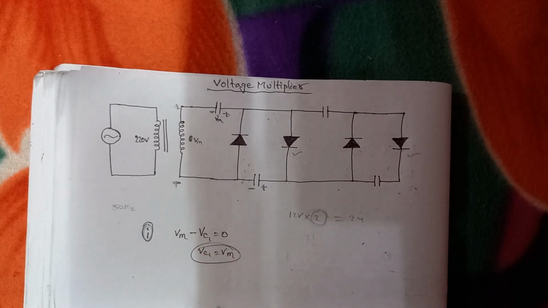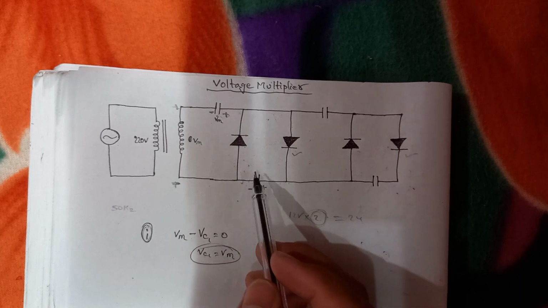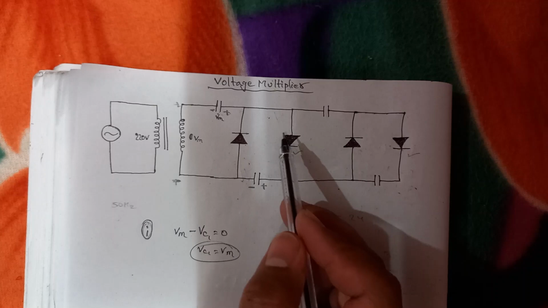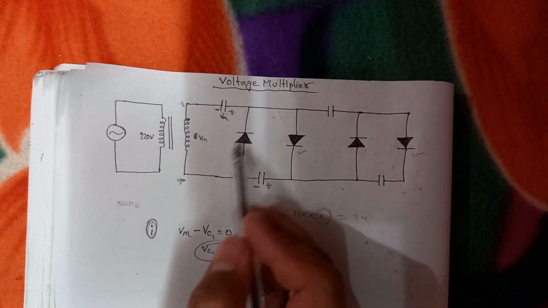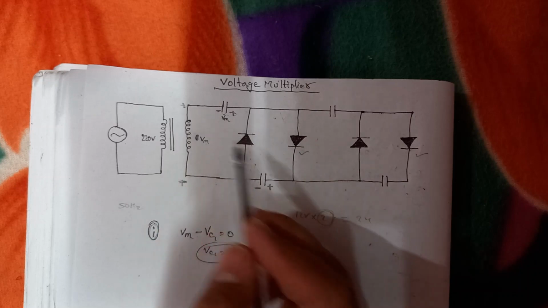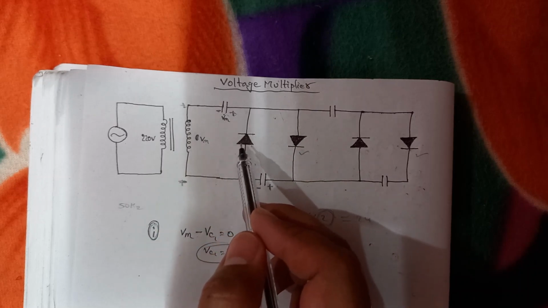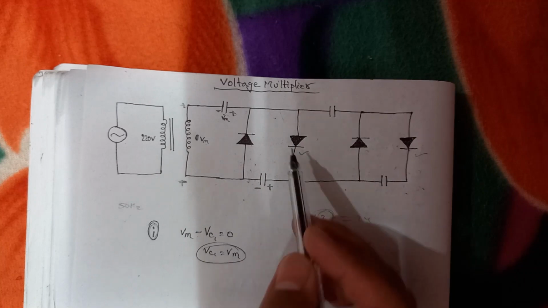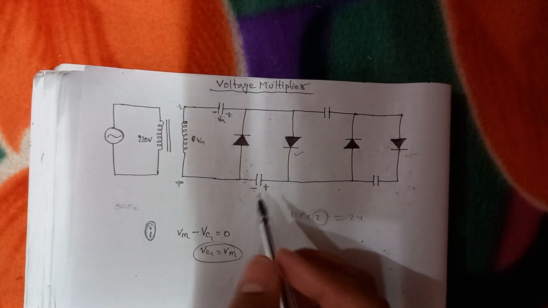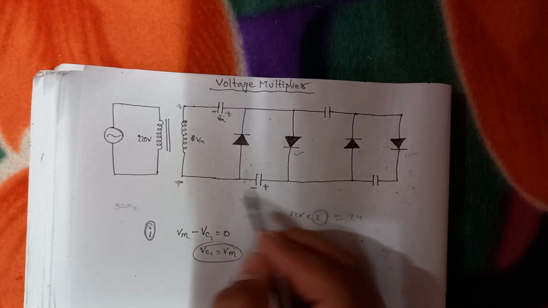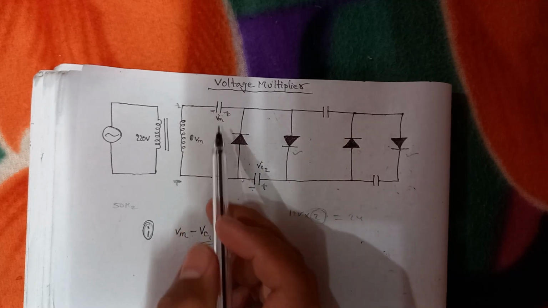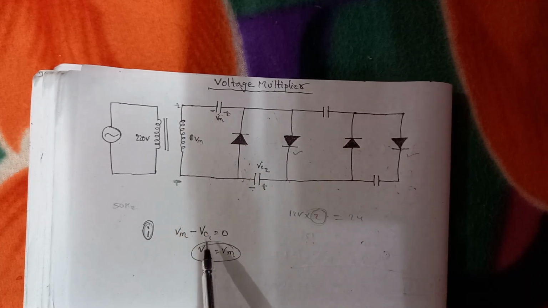Now again we will apply Kirchhoff's voltage law in this loop, because it is a closed circuit. This part is an open circuit and this one is a closed circuit because it is forward biased. Let us call the charge accumulated in this capacitor Vc2, just as we had Vc1 before.